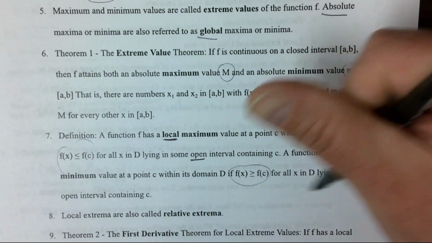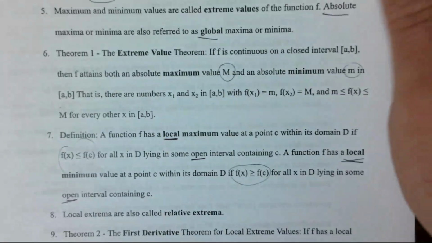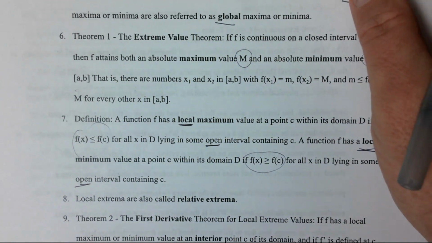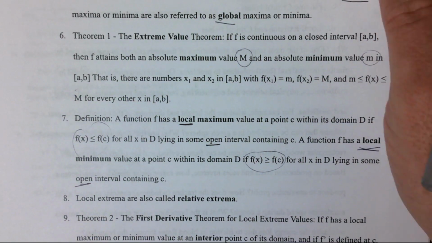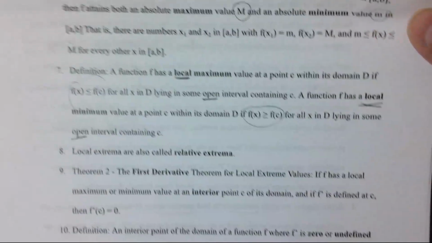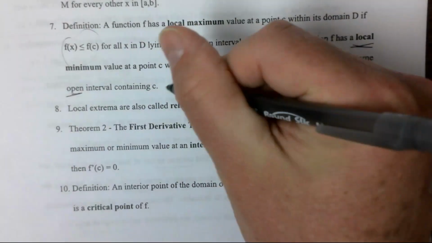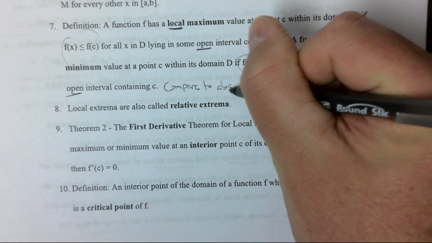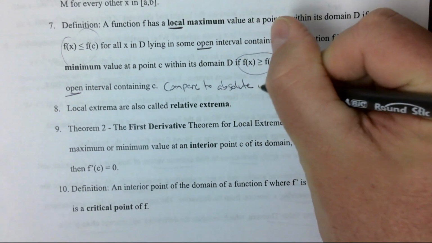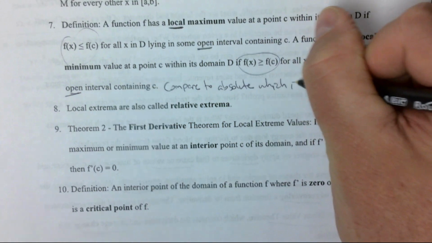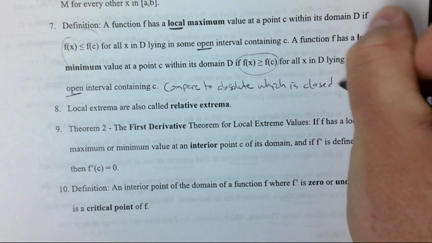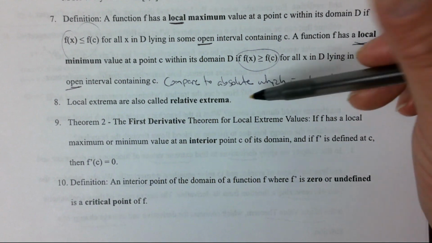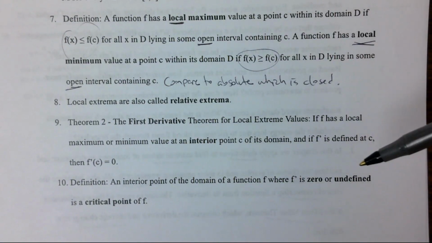Local is open, whereas absolute is closed. So I'm just going to say compare to absolute, which is closed. So then number 8, local are also called relative.